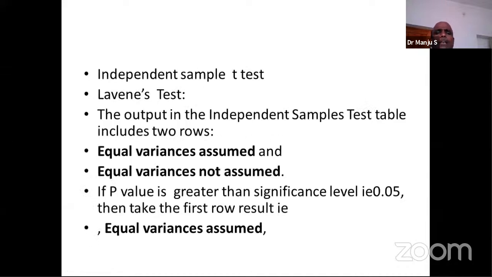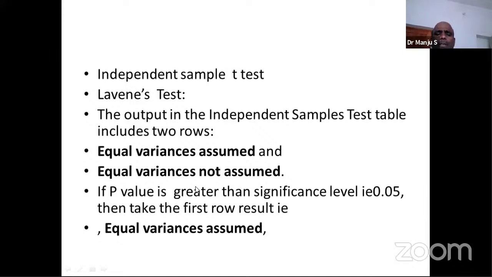This first test is called Levene's test. This Levene's test gives you two types of rows. One is equal variances assumed, and another one is equal variances not assumed. If the p-value is greater than the significance level 0.05, then take the first row.